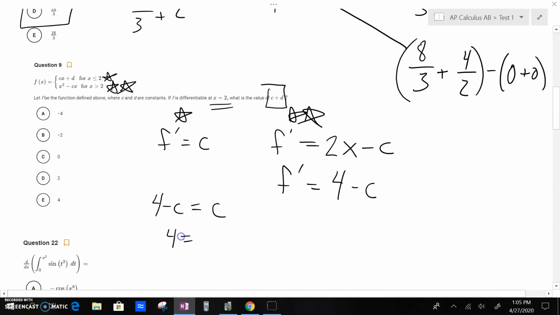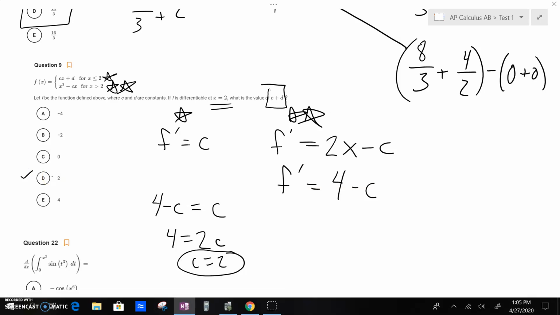So 4 equals 2c, and then c would be 2. I don't know what d is yet, but we can go get that. And actually, my thought process on this in the beginning is off now because we actually know what one of them is. So I know my c is 2. And sure enough, they gave us 2 as a potential answer, which it could be if d was 0, I guess.